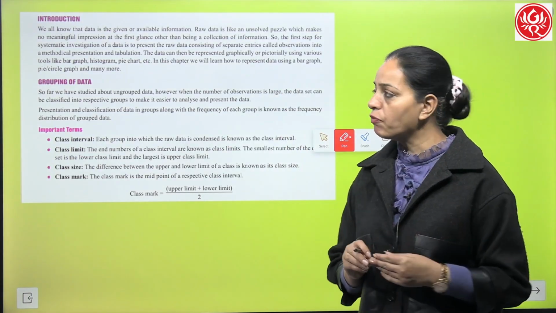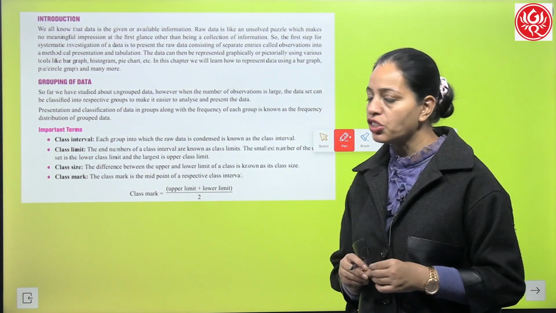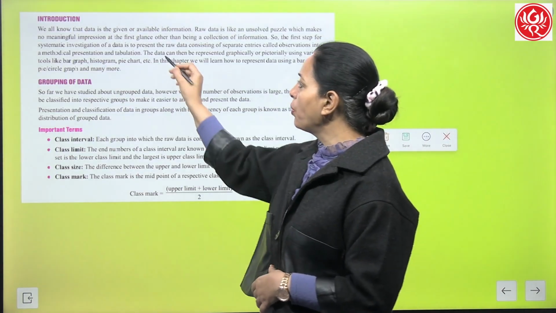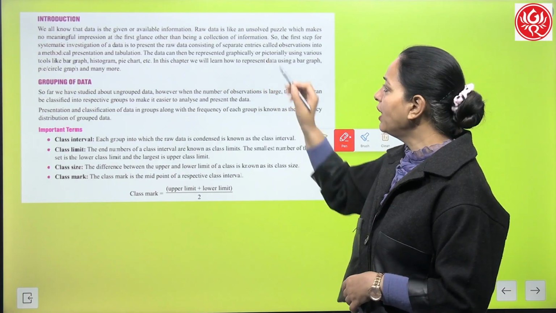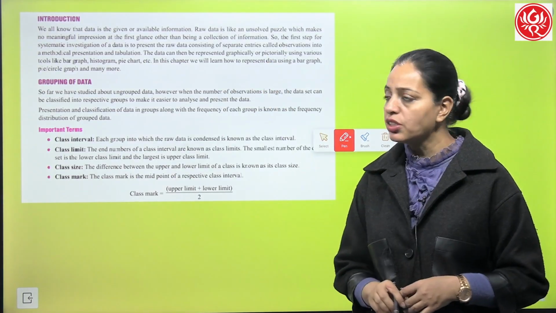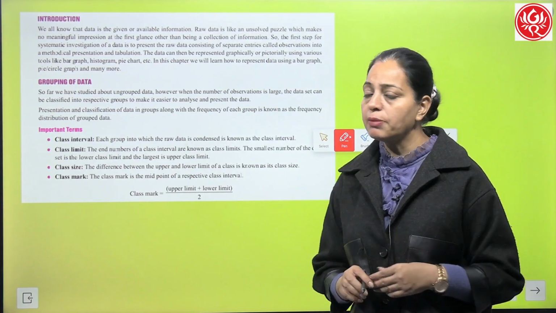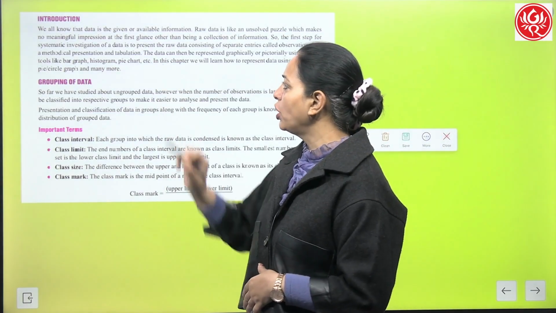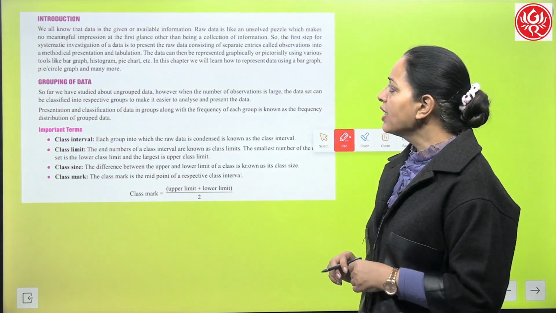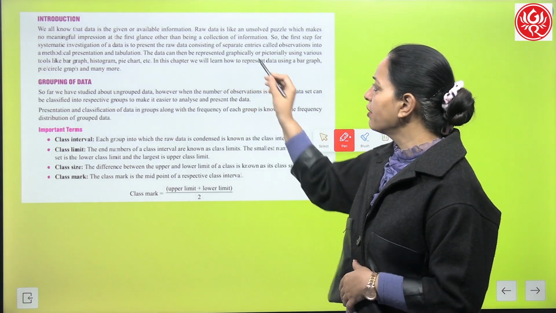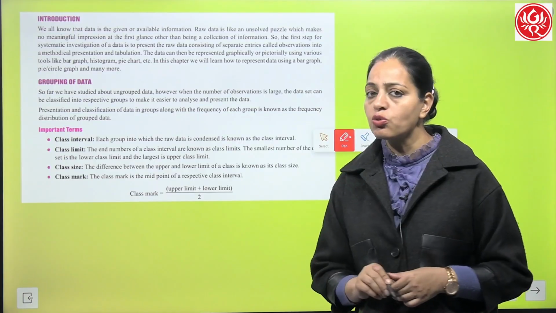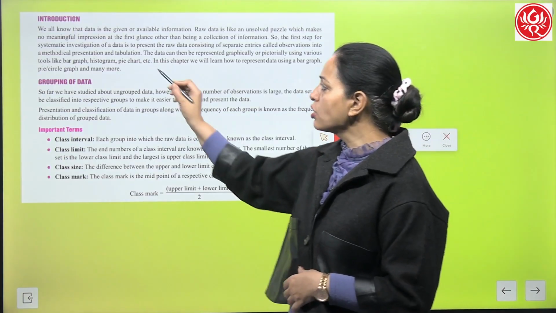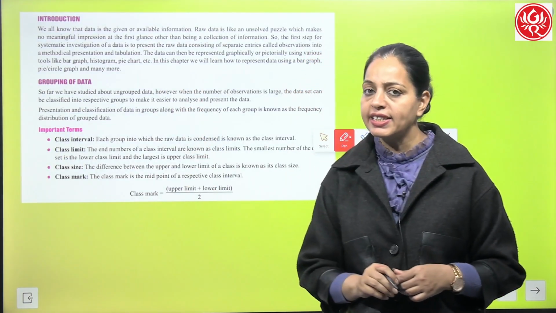So the first step for systematic investigation of data is to present the raw data consisting of separate entries called observations into a methodical presentation and tabulation. The data can then be represented graphically or pictorially using various tools like bar graph, histogram, pie chart, etc.